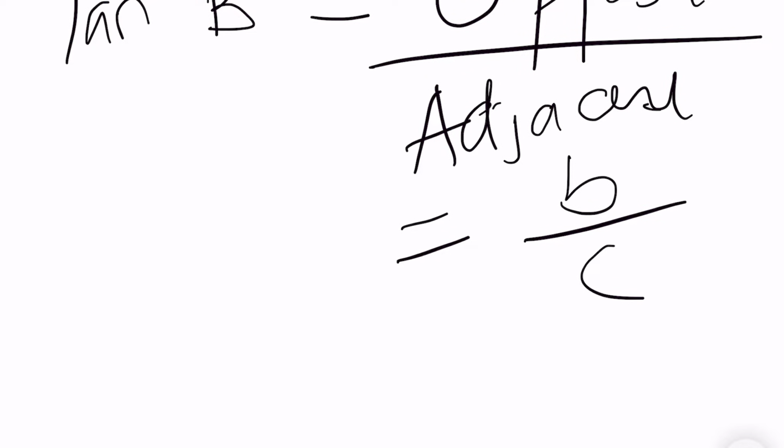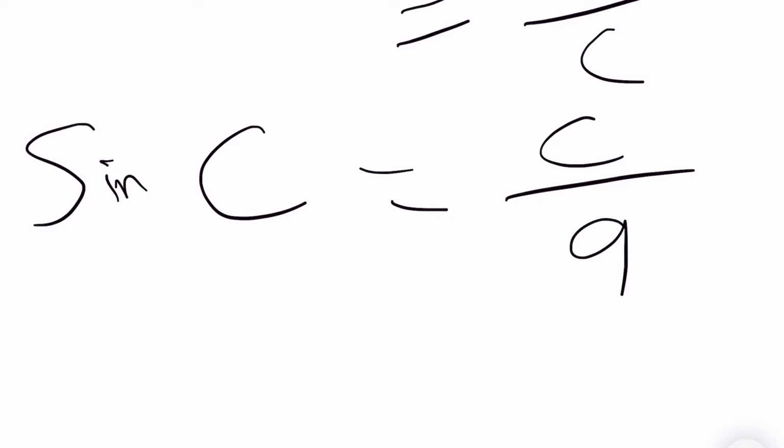And in this part, we also look for sine C, cos C, and tan C, as we have two angles in this triangle apart from the angle 90 degrees. So for sine C, we have it to be C over A, which is our opposite over hypotenuse.